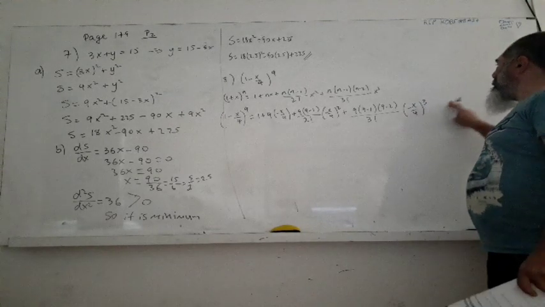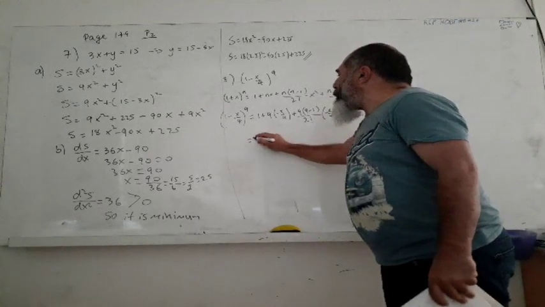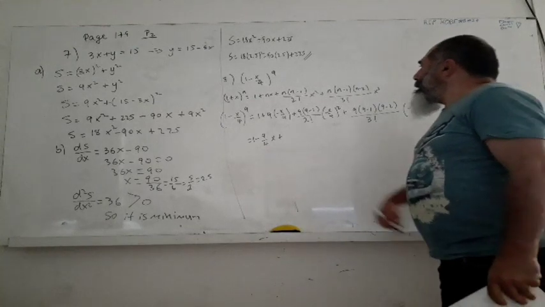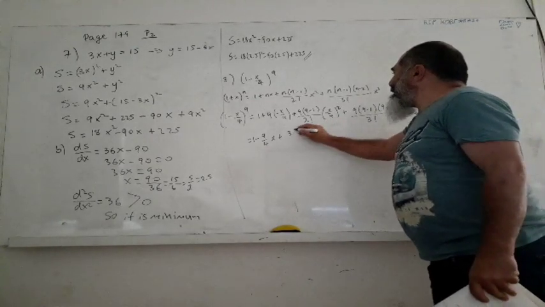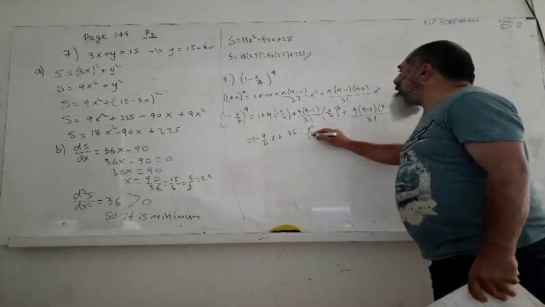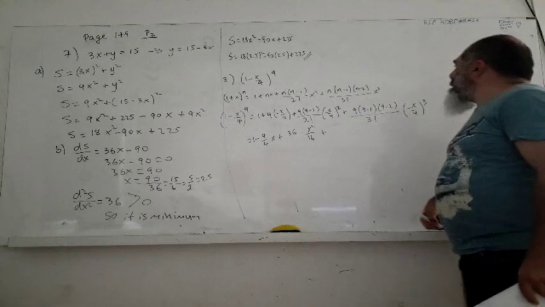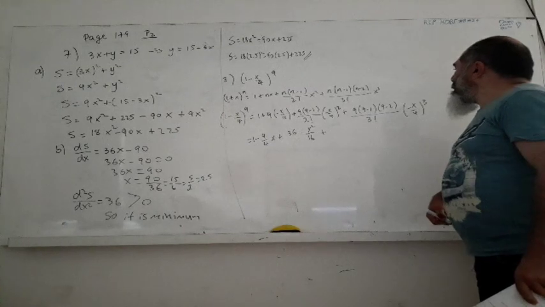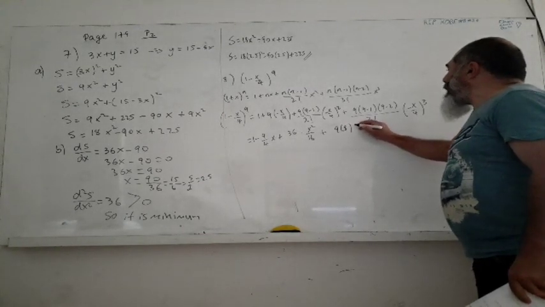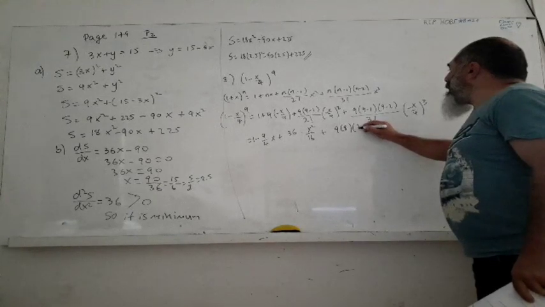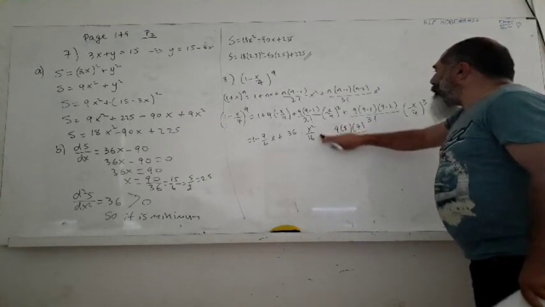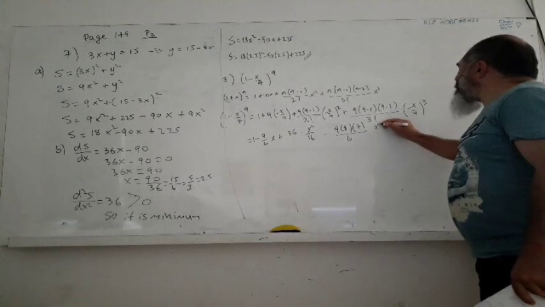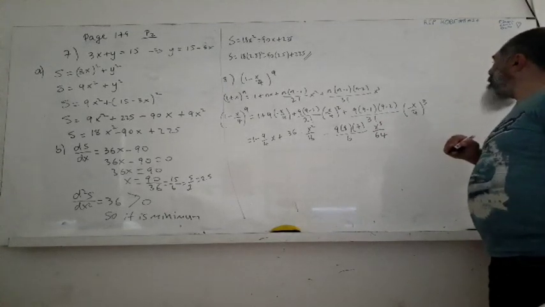So 1 minus 9 over 4x plus 36 times x squared over 16 plus 9 times 8 times 7 over 6. This is going to be negative because we have minus x cubed there. x cubed over 64, 4 cubed is 64.